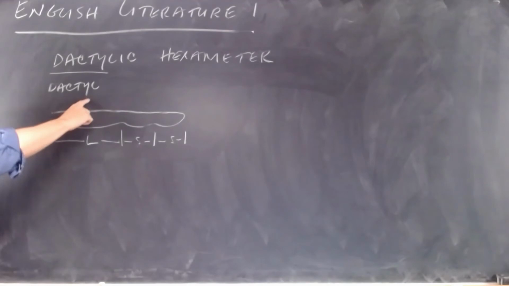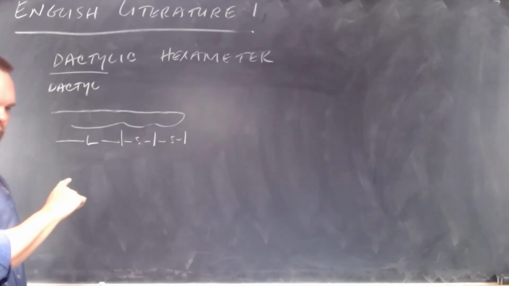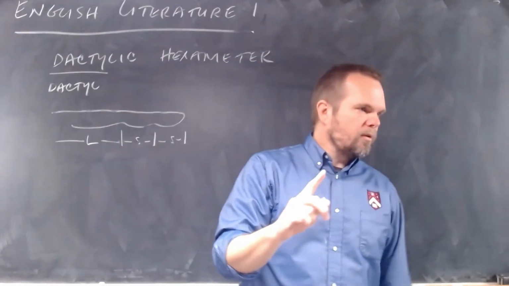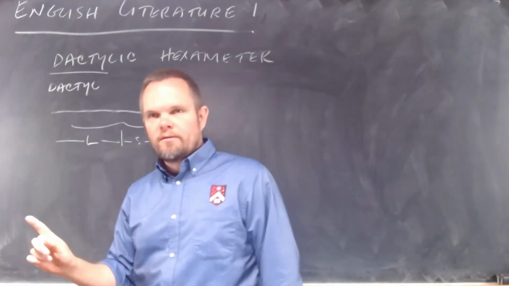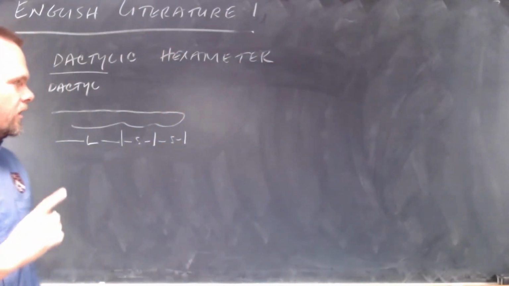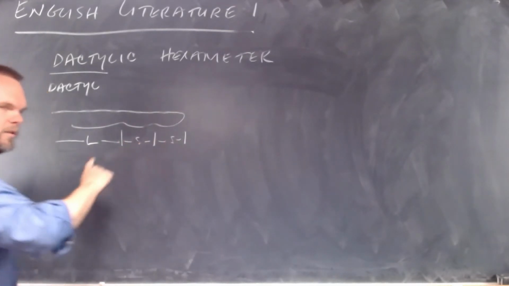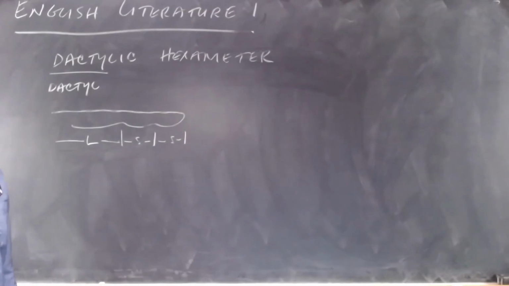So a dactyl is a piece of a poem that has a long syllable followed by two short syllables. All right? Long, short, short. Every long, short, short combination is called a dactyl.